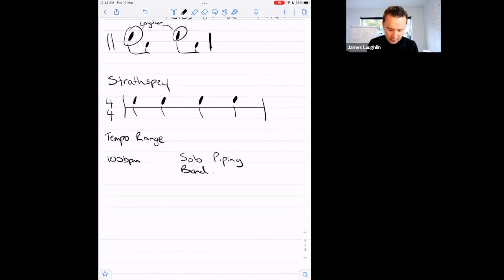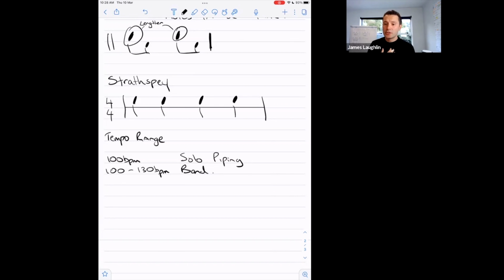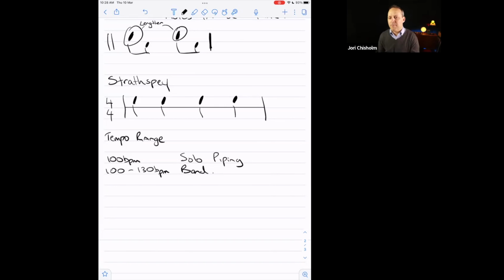From a band perspective, you're probably looking anywhere from 100 to, at the very top end, 130, and that will go for solo drumming as well. 130 is incredibly fast, but you will see it. And then solo piping around 100 to what would the top end be? Yeah, so the top professionals would probably be at 120.